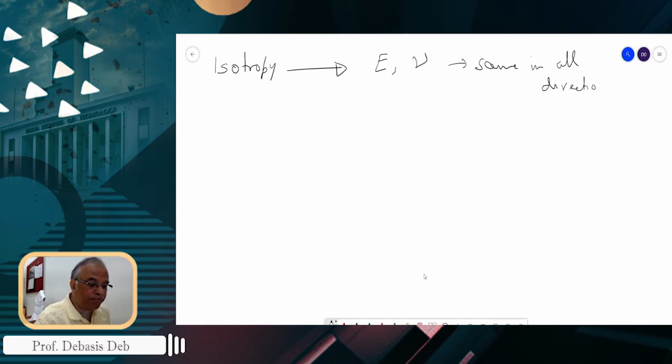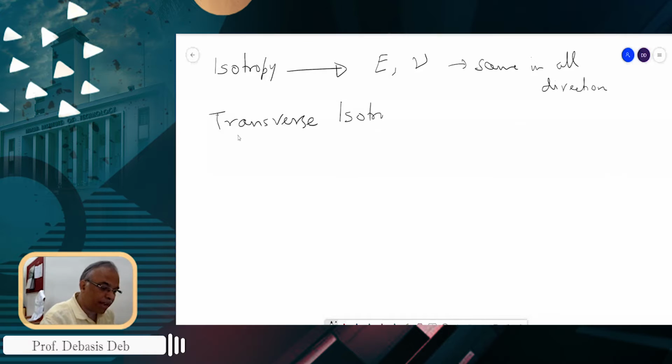Now if in one direction it is not the same, then what happens? That we call transverse isotropy, and there is something called completely anisotropy also. I will come to that.